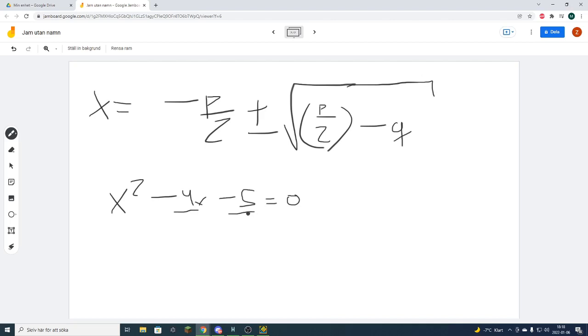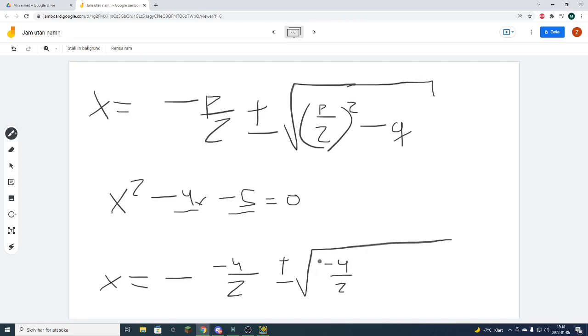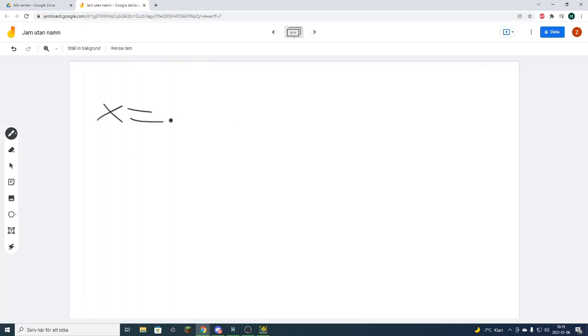So let's put them into the formula, and we get x is equal to -4 over 2 plus or minus the square root of -4 over 2, that should be squared, minus -5, which we can evaluate here is to say x is equal to -4 over 2 is going to end up being +2.